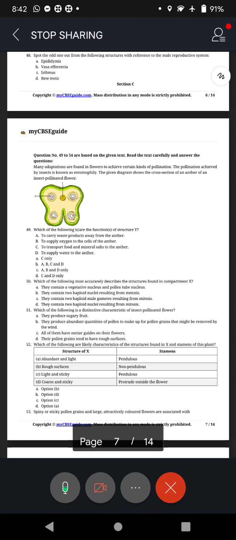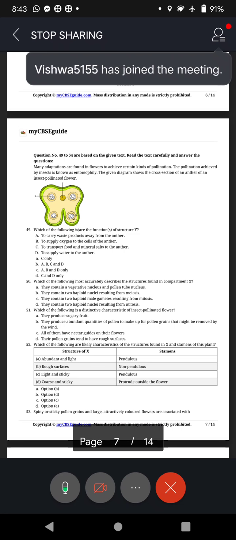The given diagram shows the cross section of an anther of an insect pollinated flower. So there is a transverse section of anther, and in that, if you carefully see, there is X and Y labeling. Now he is asking you, which of the following is or are the functions of structure Y?